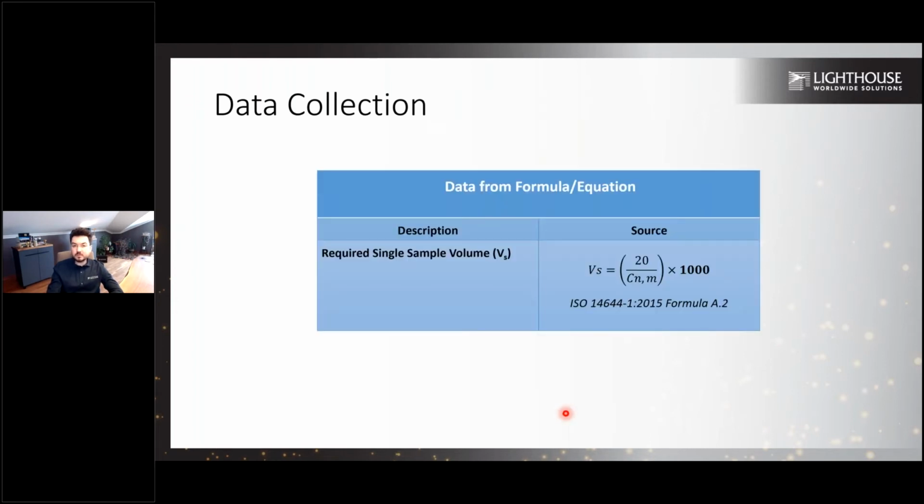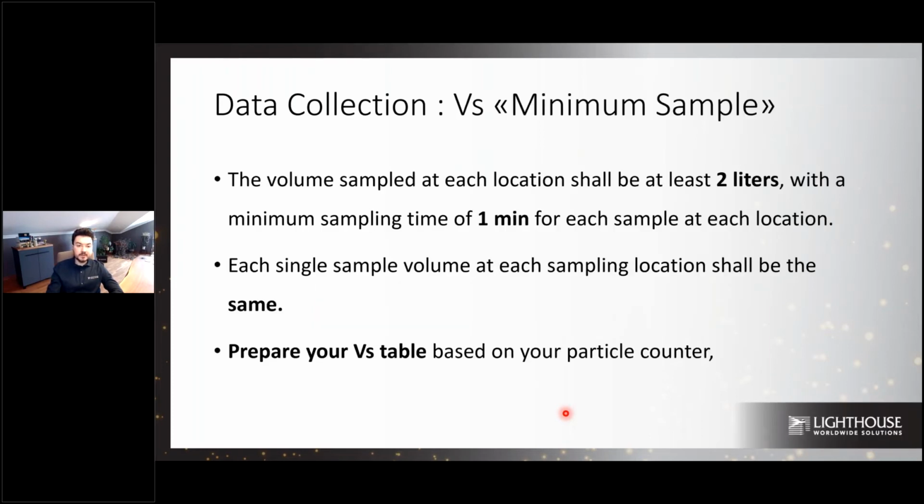Only calculation from the equation is now data collections, required single sample volume, which is Vs. That's 20 divided by your particle limit, multiplied by 1000. That's still the same, not changed. And the minimum required sample volume is 2 liters in any specific location, or minimum 1 minute of sampling for your specific particle counter.